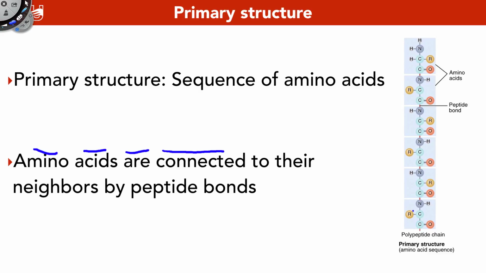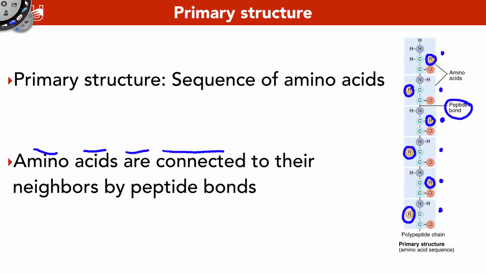Here we just have a circle for each R group. We don't show a different chemical structure for space considerations, but imagine each of these R groups as being different. The specific order of the amino acids as they are linked together with that peptide bond, wink wink, hint hint, is the primary structure.